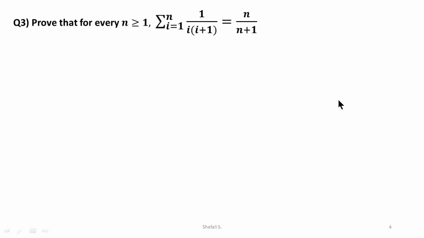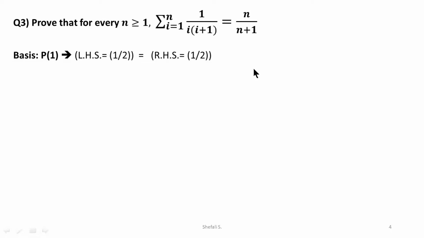The next example expects that I have to prove for every n greater than or equal to 1, again, the summation ranging from 1 to n of 1 upon i multiplied by i plus 1 should be equal to n upon n plus 1. So how to write it down again?